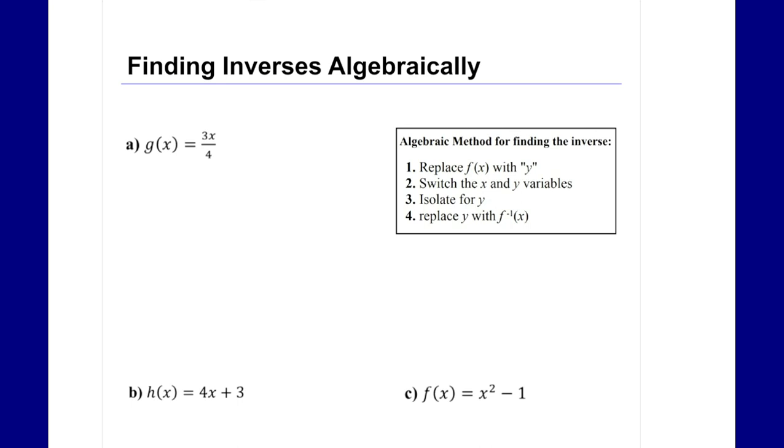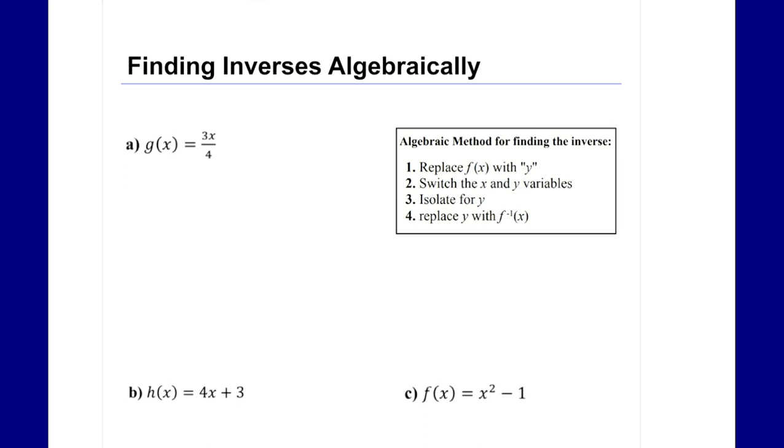Basically, it's just representing the y value of our coordinates. So we replace that with y, then we switch our x and y variables and then isolate for y. So we're going to solve for y, and then replace y with f at negative 1, or the inverse of f at x.